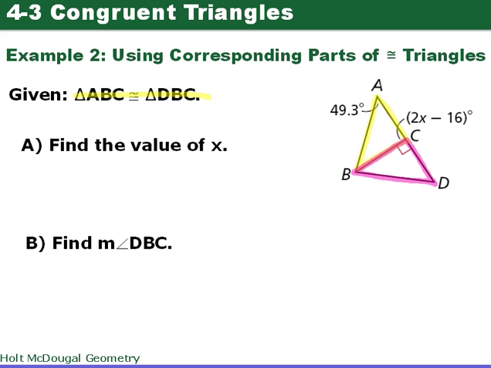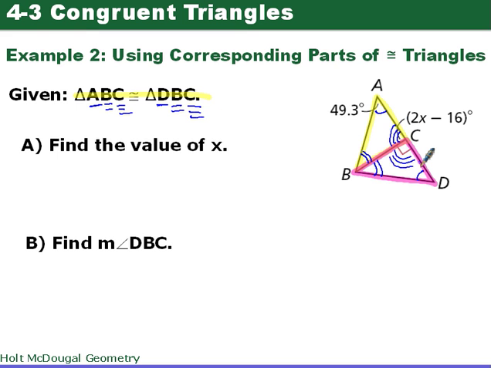So we have angle A, which has to be congruent to angle D. And we have angle B. This angle B in this triangle is going to be congruent to that angle B in that triangle. And then angle C is the angle in here.